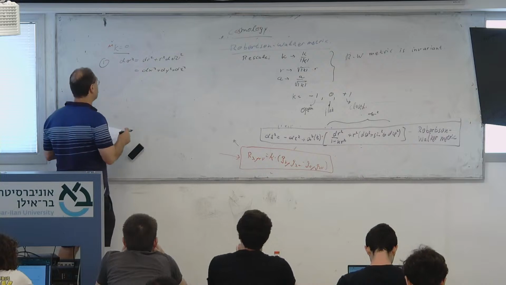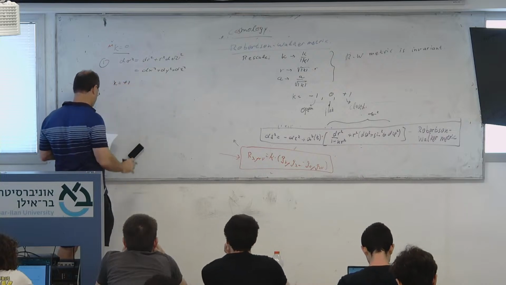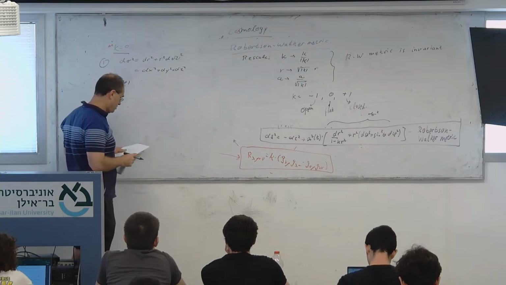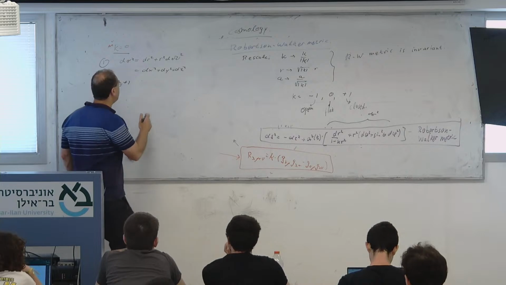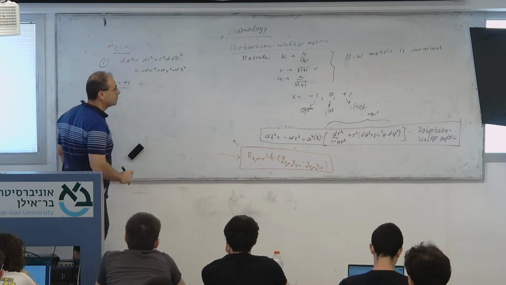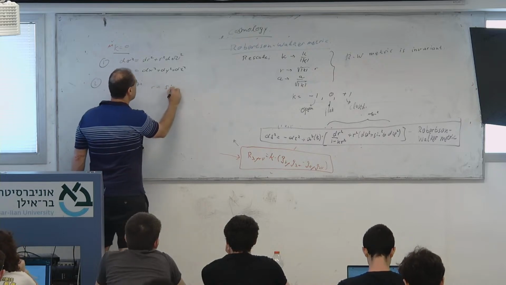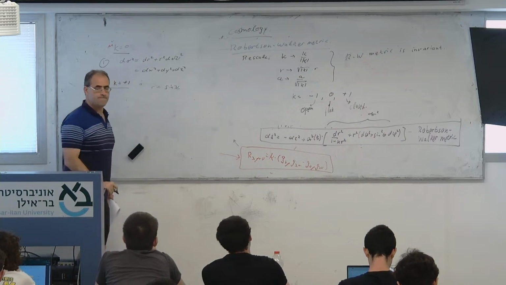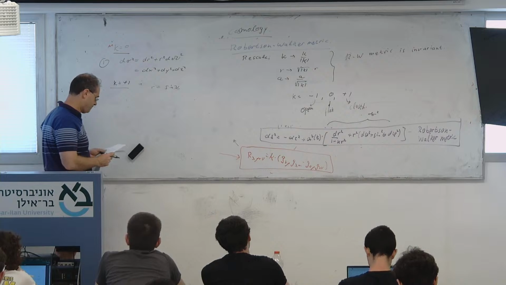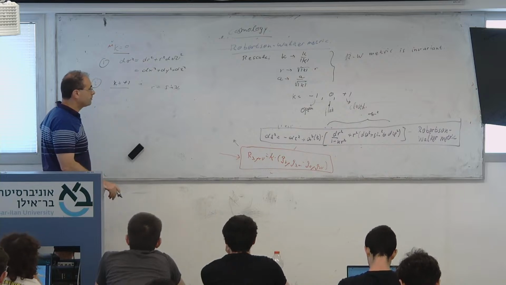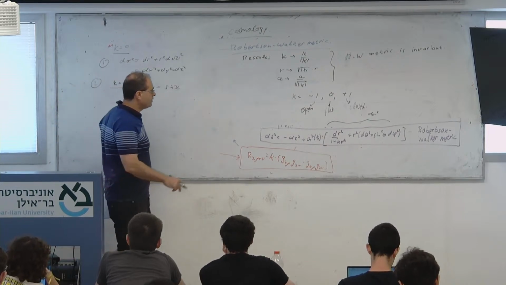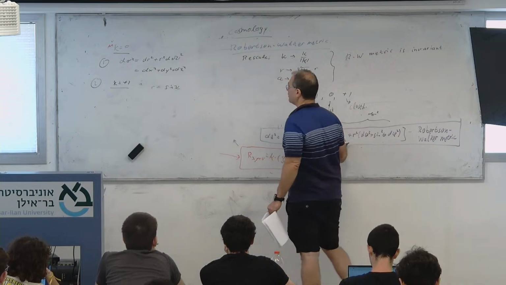The second option: if K is equal to plus 1, then we can write r equal to sine of some function chi. That has to be between minus 1 and plus 1, because it must be. So I have dr squared over 1 minus r squared.